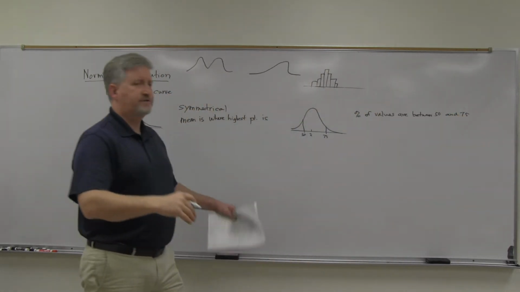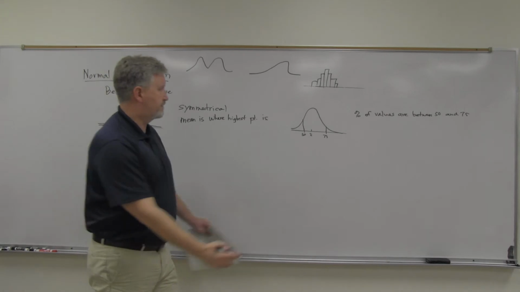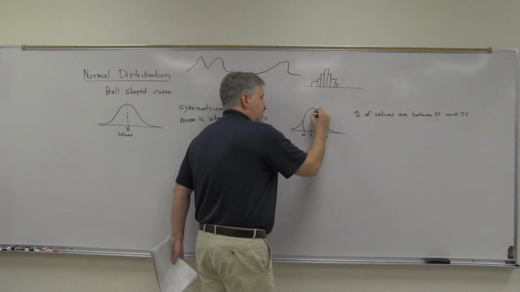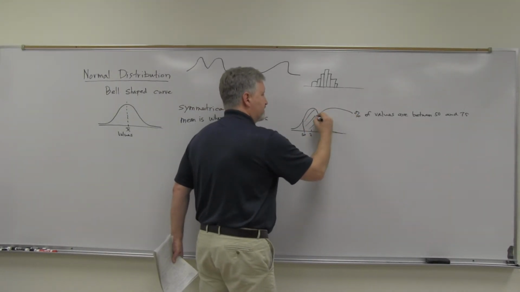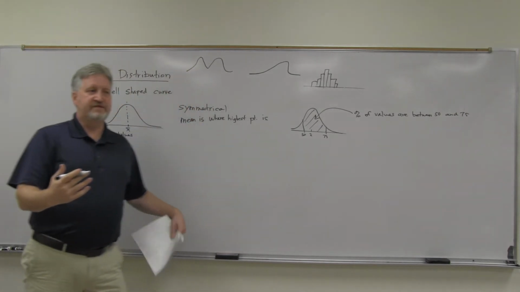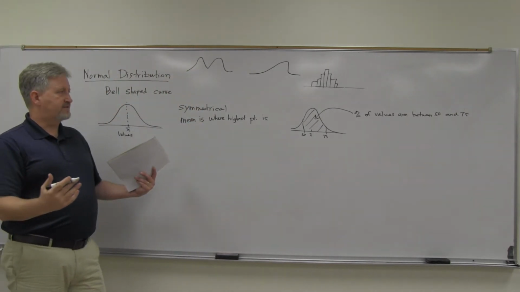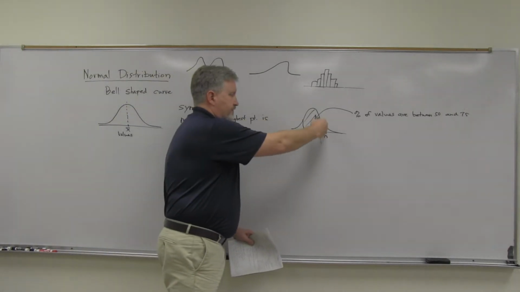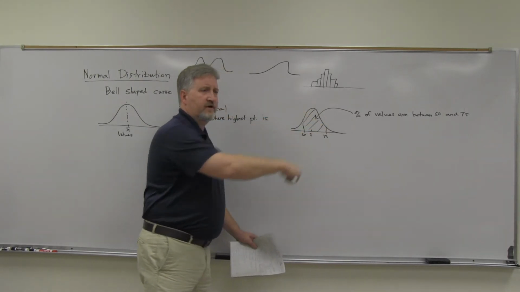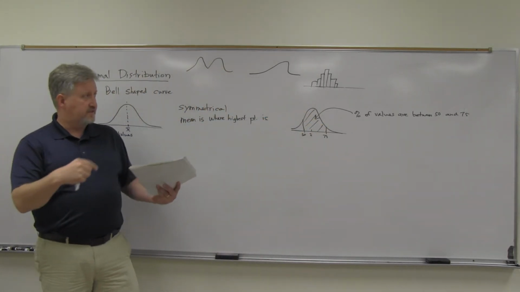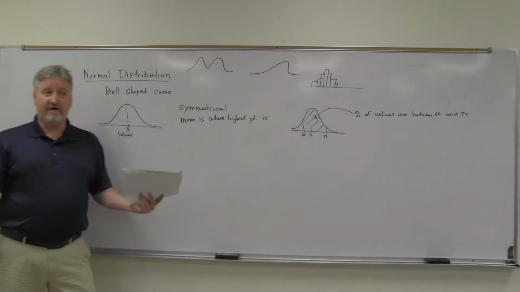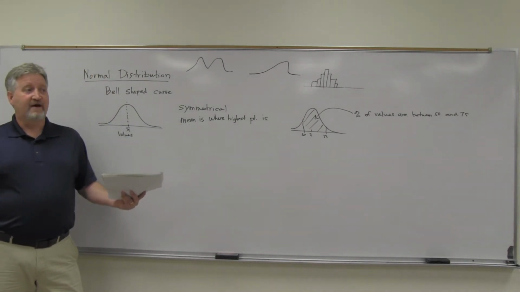Well, what that would translate to in the graph would be the percentage of the curve right here, right? If I could figure out the percentage of the curve that's between 50 and 75 under the curve, that is the percentage of values between 50 and 75.